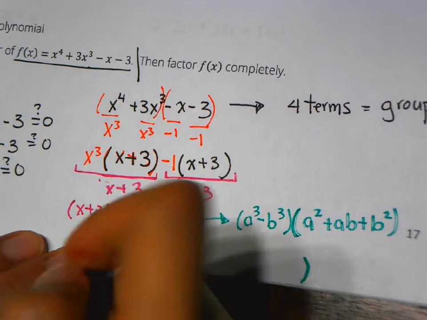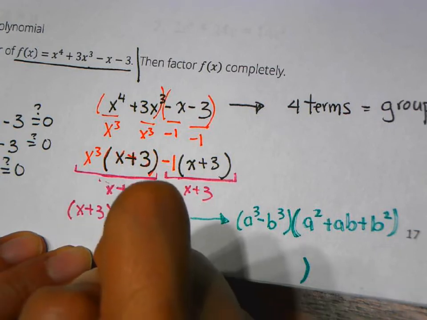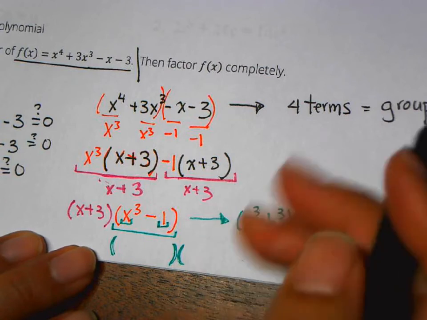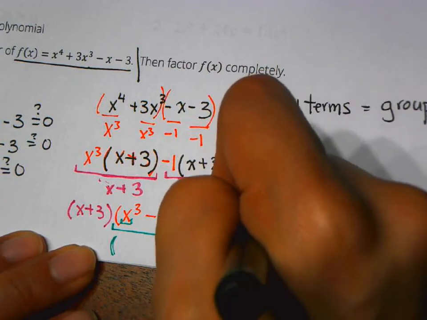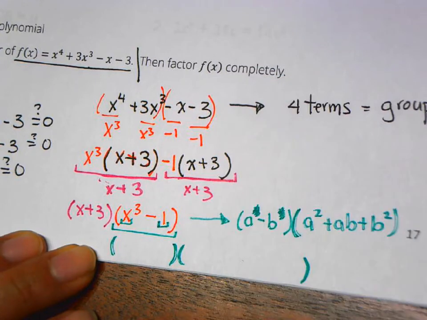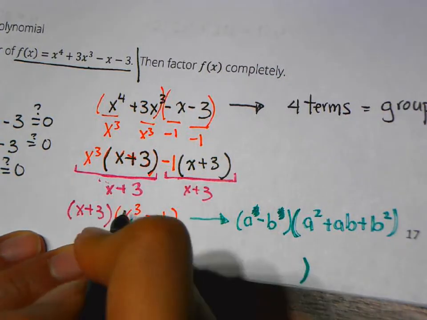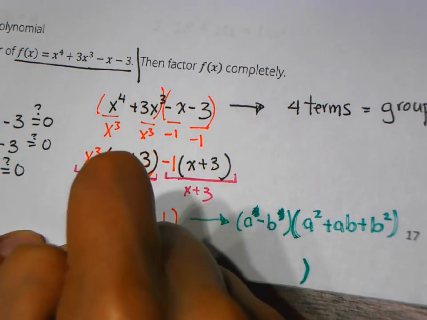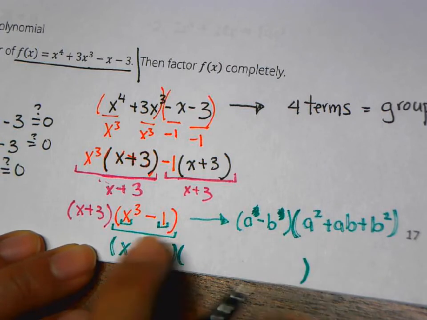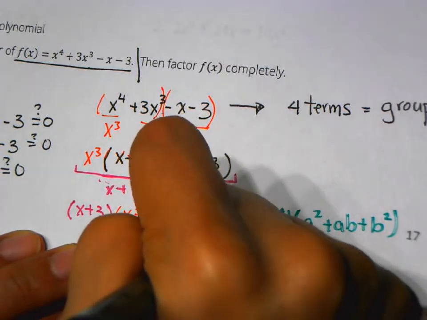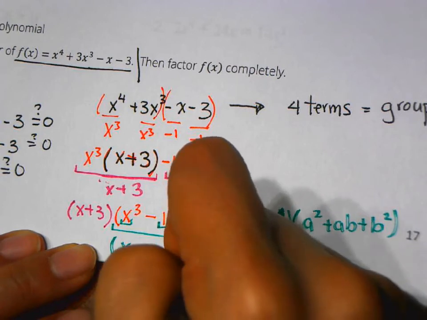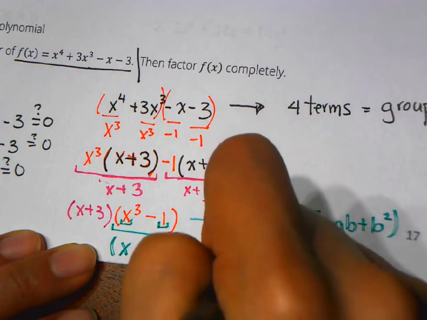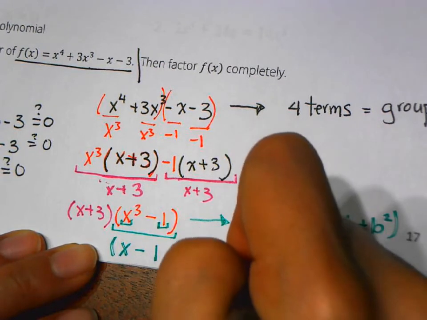Let's see. My a is my x, my b is my 1. So a minus b gives me x minus 1. A squared is x squared, plus ab, which is x times 1, so x, plus b squared, and 1 squared is 1.